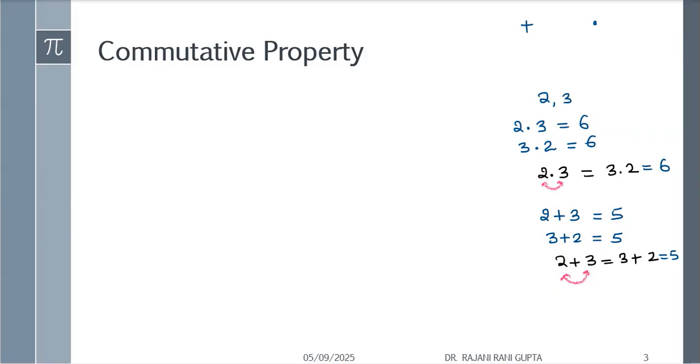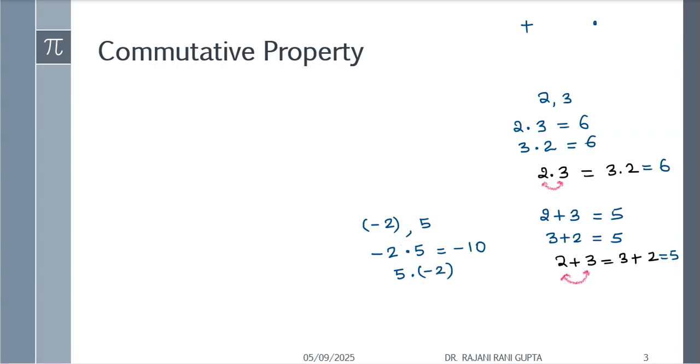Let's see what happens if we have a negative number. Suppose we take one of the numbers as minus 2 and another real number, say 5. Does this change or will it remain the same? If we multiply minus 2 by 5, what do we get? Minus 10. Now 5 multiplied by minus 2; since it's minus 2, we put it in a bracket.